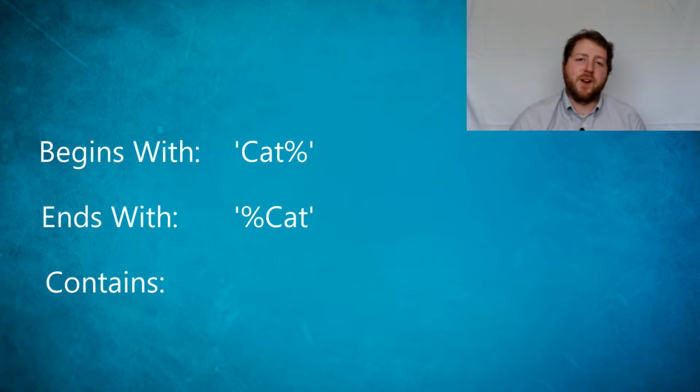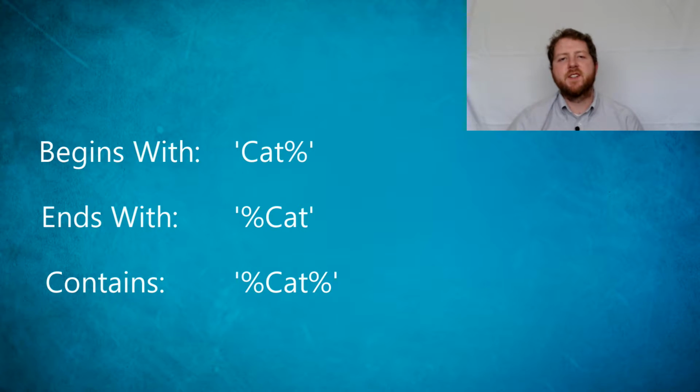And lastly, for contains. For this one, we just know that the field must have the word cat in it. It could start with cat, it could end with cat, it could have cat in the middle of it. Because of this, we write the word cat, and then put percentage signs on either side of the word cat. So that's not too hard, right?